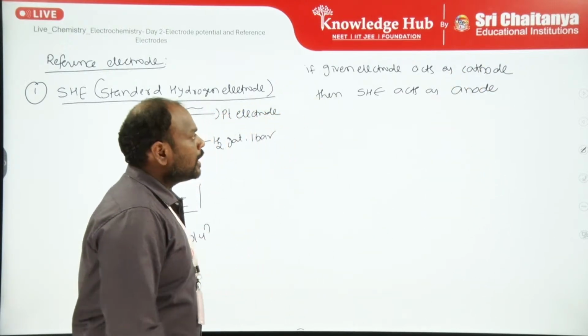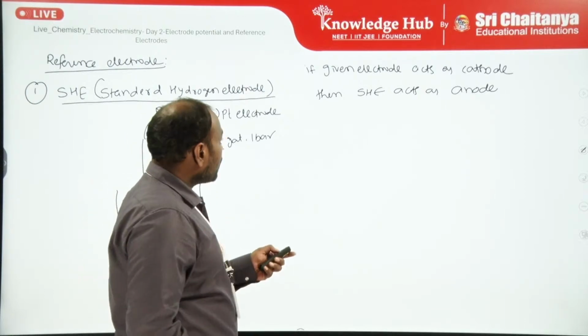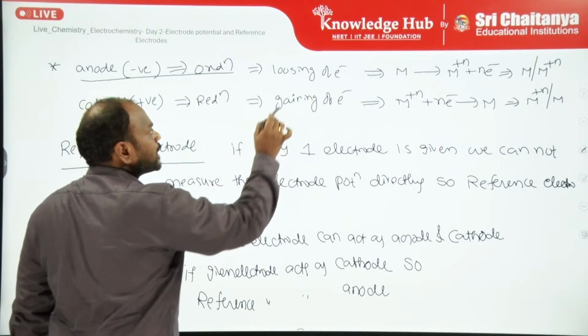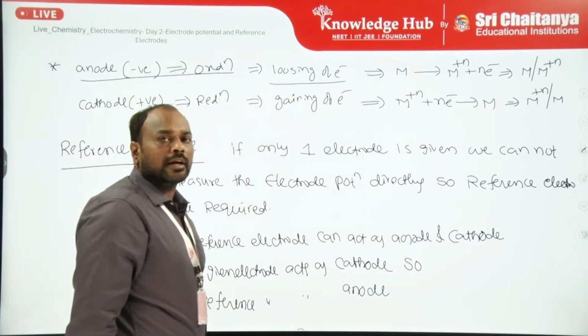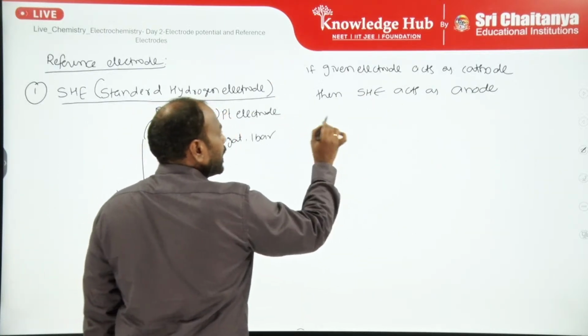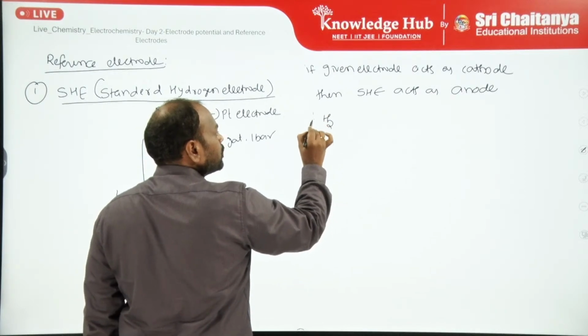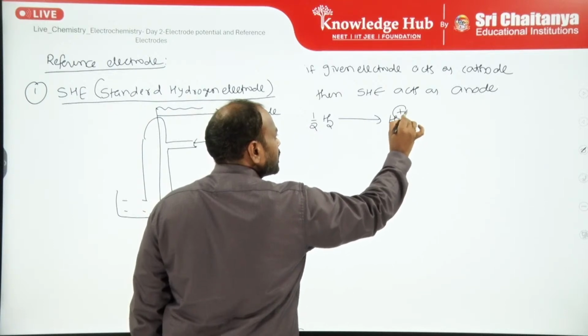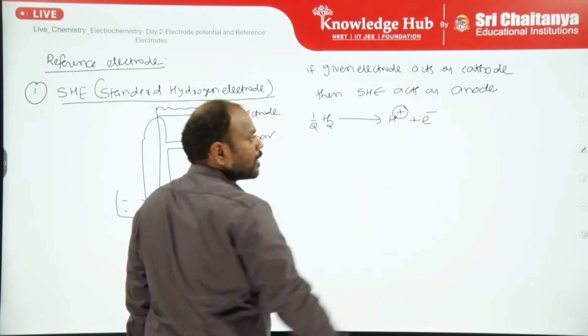See the reaction. At the anode, what happened? An oxidation reaction takes place by losing of electrons. So in this one, H2 is converted to H plus, losing electrons.